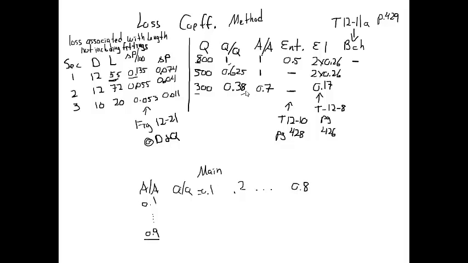We're looking at 0.625, so 0.6 would be the column. For the area of section 2 divided by the area of section 1, which is as close to 1 as you can get, and the flow rate of section 2 divided by the flow rate of section 1 at 0.6, you should find that coefficient to be 0.16.